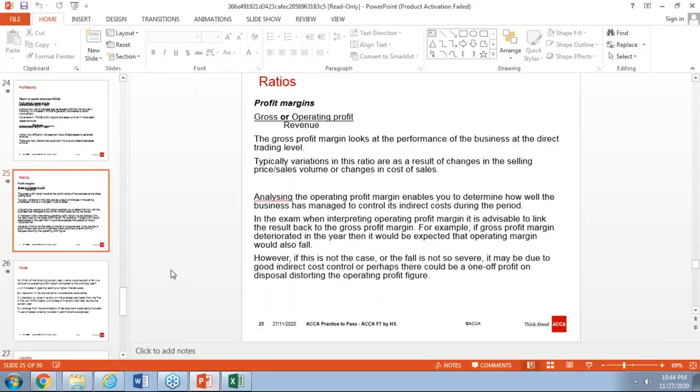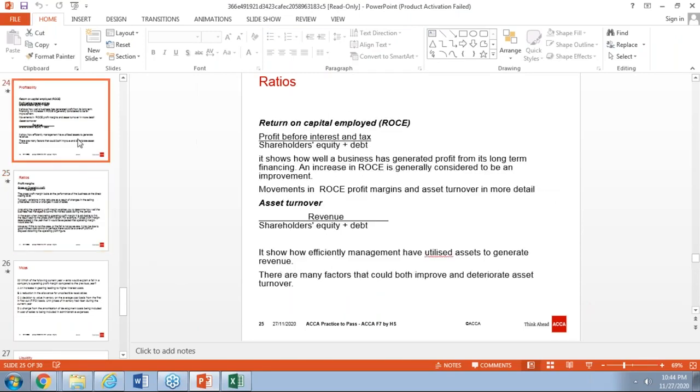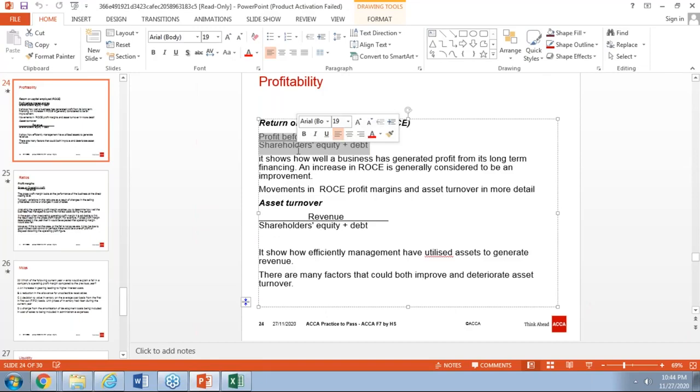So consider the two ratios we have discussed in which the denominator is the capital employed. One is return on capital employed, in which we have the equity in the denominator, and the second one is the asset turnover. In both cases, the equity will shoot upward. So if the denominator goes upward, then the overall ratio will go down.